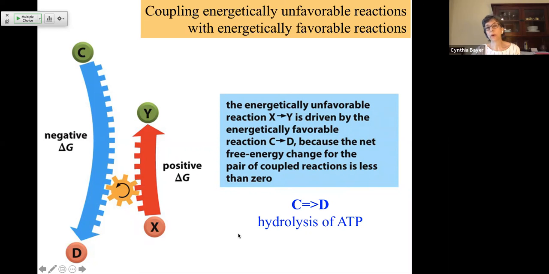And that's what we're going to talk about in the next set of slides. I'm going to wait until Friday to start that, but what we will be looking at are several examples of coupling an energetically unfavorable reaction with the energetically favorable hydrolysis of ATP to produce an overall favorable reaction, being able to convert, for example, X to Y.